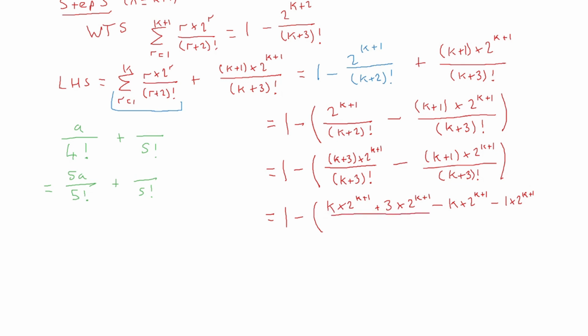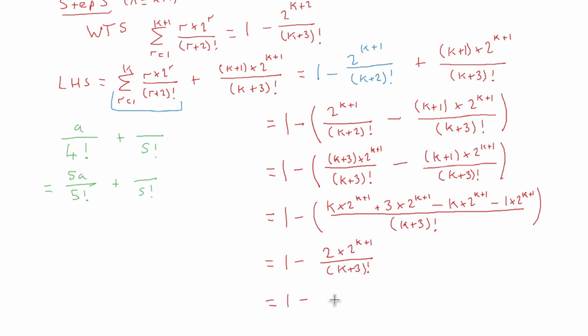And all of that is over k plus 3 factorial. Hopefully you can see that's going to cancel with that one. And 3 lots of 2 to the k plus 1 minus 1 lot of 2 to the k plus 1 is going to leave me with 2 lots of 2 to the k plus 1 over k plus 3 factorial.